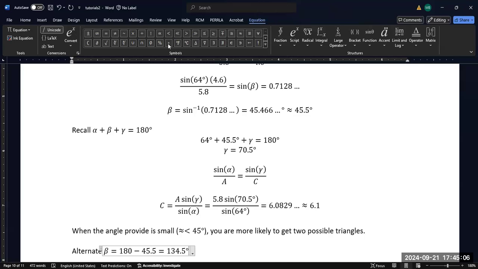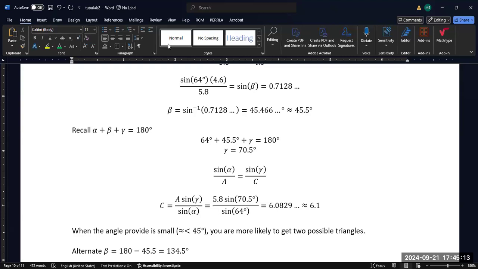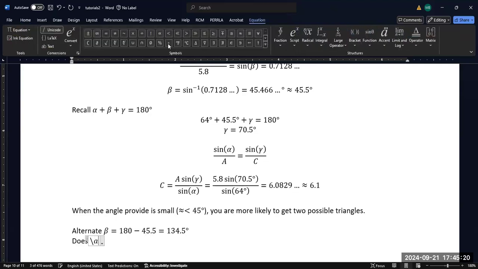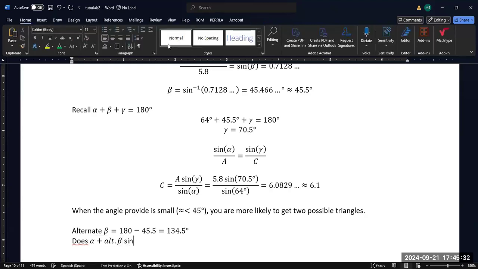If I add the angle back that I had to start with, does alpha plus my alternate beta give me room for another angle in my triangle?